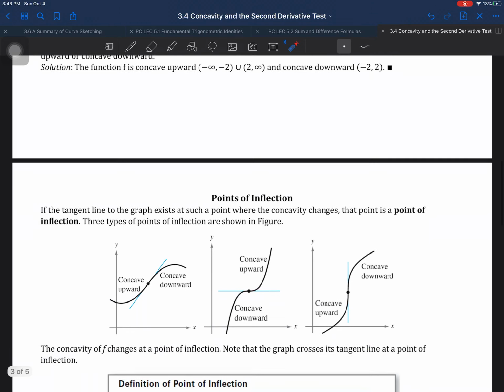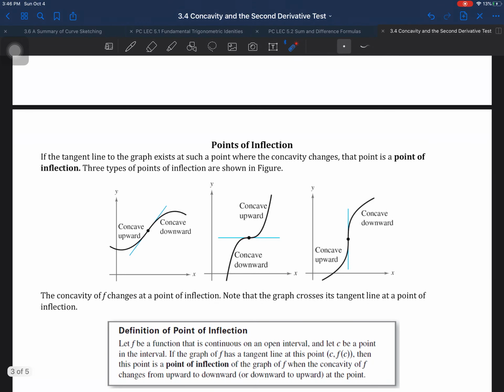All right, so if you noticed, there was a particular point that was interesting that we described up top. Do you notice that there was a point where the function changed from concave up to concave down? That was a big deal. That's giving us a lot of information about the problem.